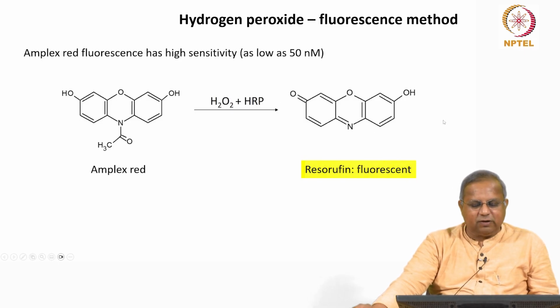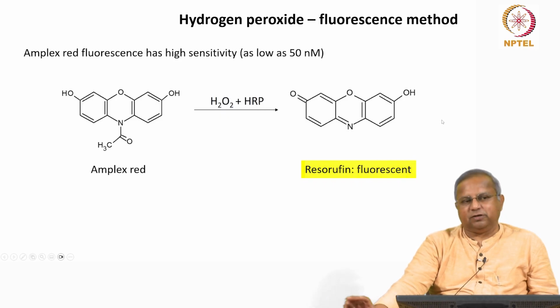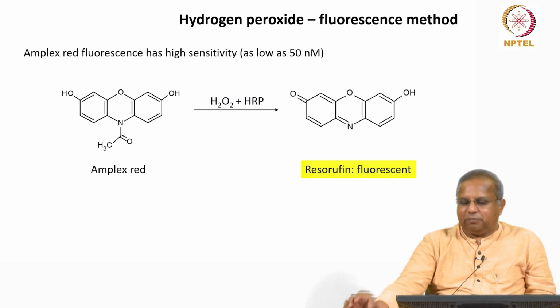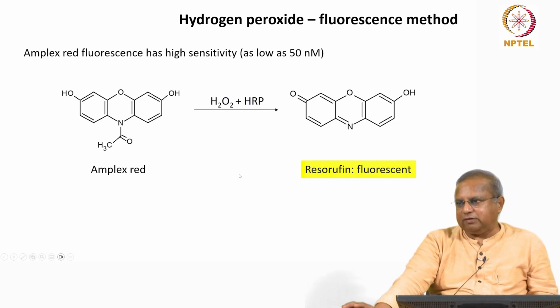So you convert Amplex red into resorufin and measure it. And you need to add, whatever hydrogen peroxide is there in your sample, and horseradish peroxidase is typically added just to make sure that things are fine. You could have horseradish peroxidase in the sample also, but you add something extra for the assay just to make sure that it is done.